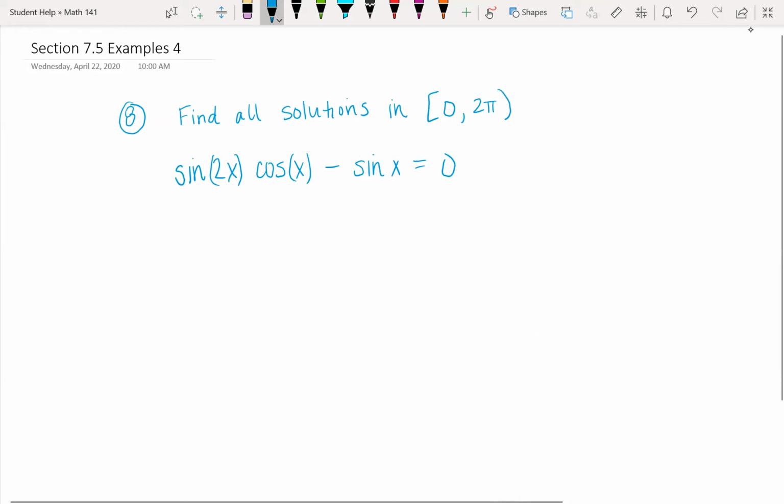In this particular example, we have a double angle and then we also have the single angles. We need to have all of the angles match, and right now they don't. So what we'll do is use a double angle formula to switch it.